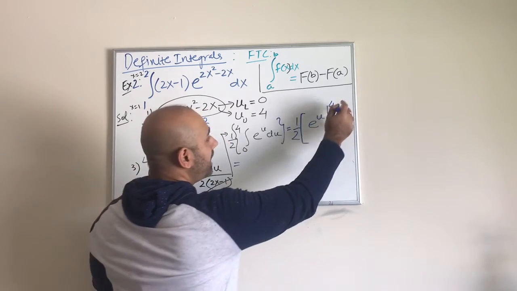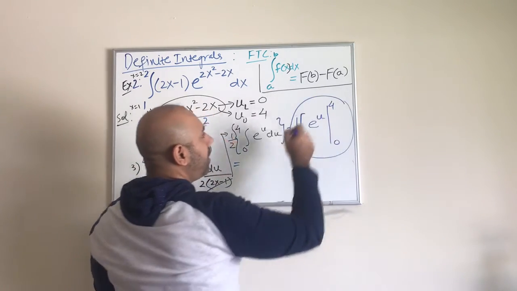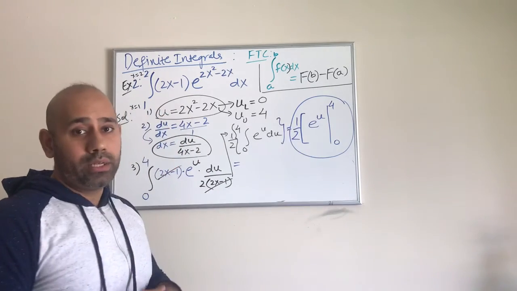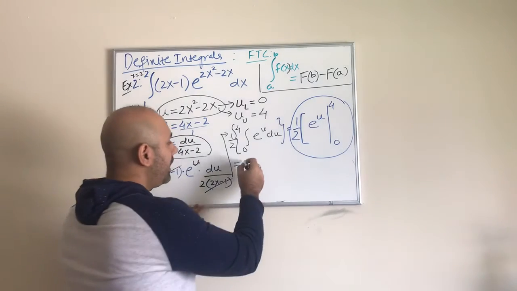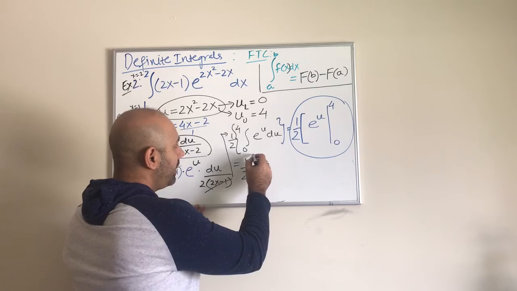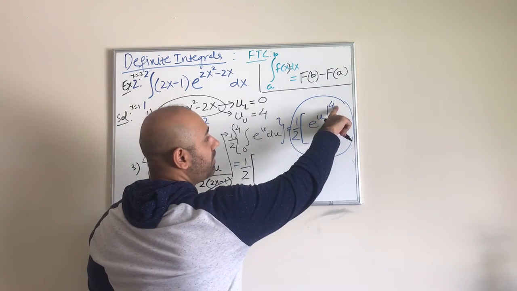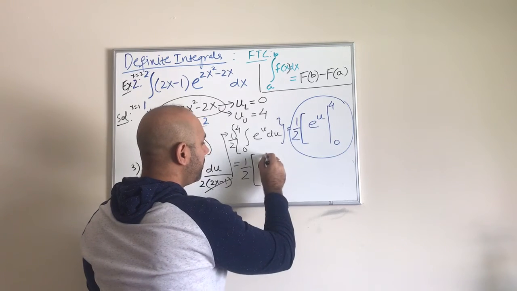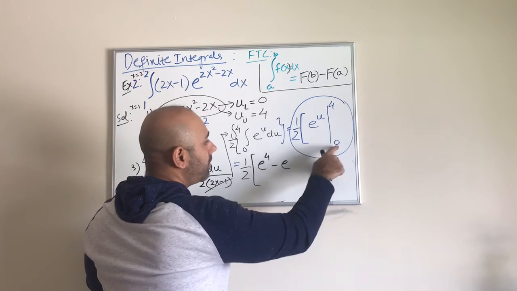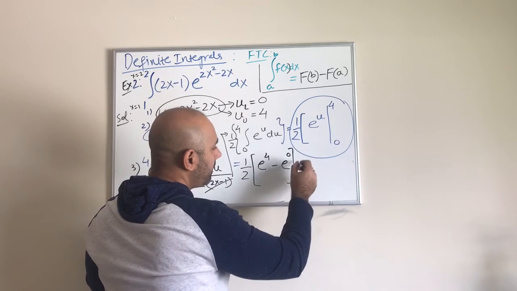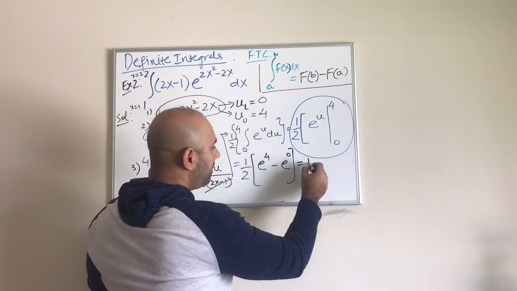And then once we get it to this form, then it's all about using the fundamental theorem of calculus, which simply says use 1/2, and then you have to first substitute the value for the upper limit, so e to the power 4 minus e to the power the lower limit 0, right? Which is going to be 1/2.